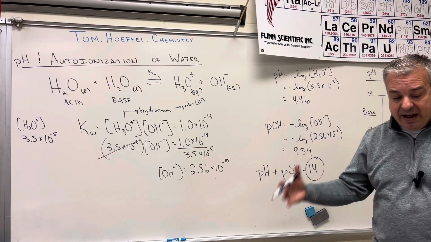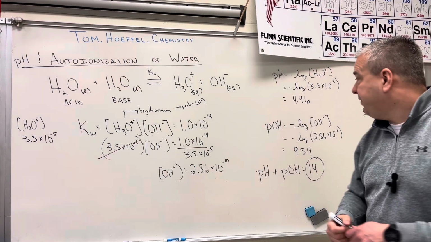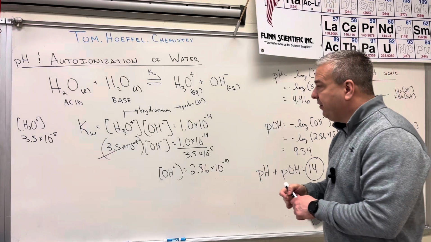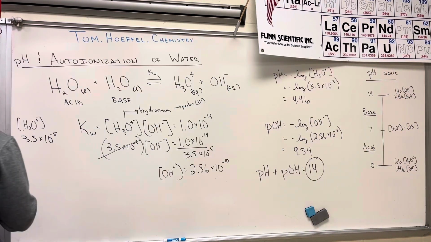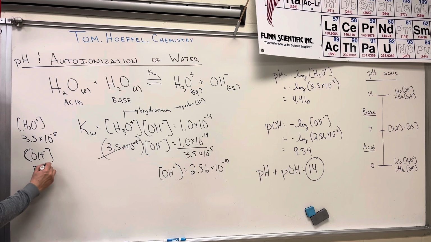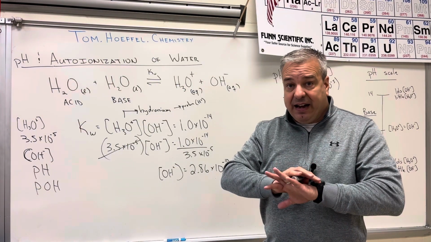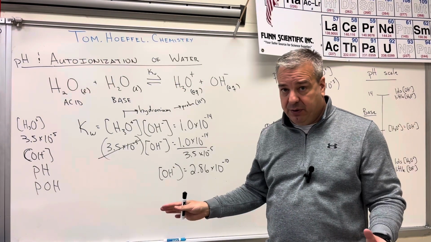So at the end of the day, if we are given one of the following items, I want to write all these things on the board here. If I'm given either hydronium or hydroxide or pH or pOH, if I'm given one of those items, then I can calculate any of those items.